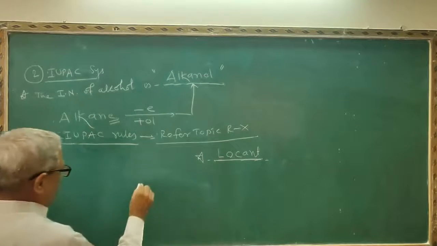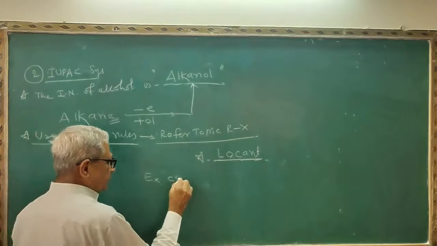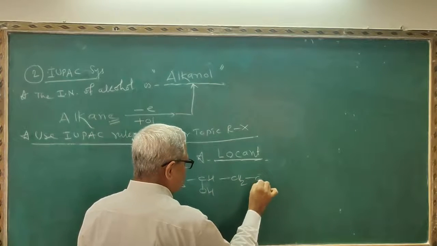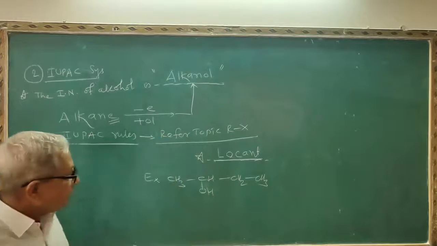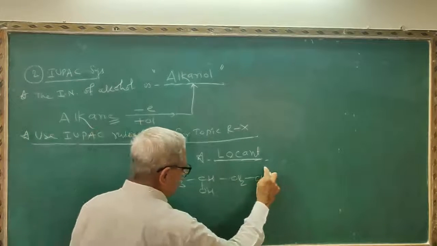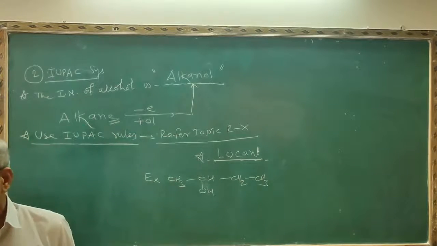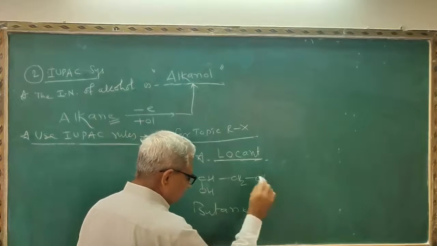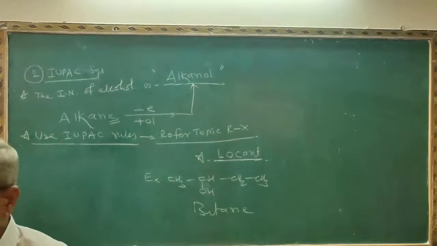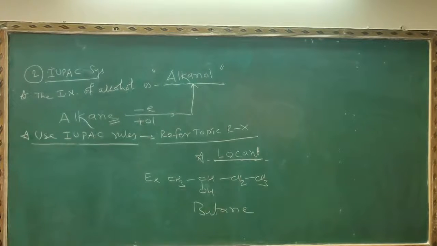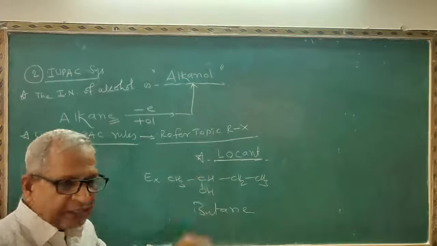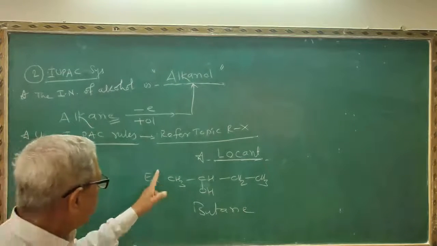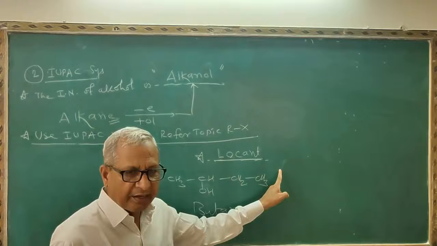Now see the example here. CH3, CHOH, CH2, CH3. First select the longest chain. This is your longest chain. It contains how many carbon atoms? 4. Therefore parent alkane is butane. Now see the second rule. The position of OH group is indicated by the smallest possible number, either numbering from left hand side or right hand side.